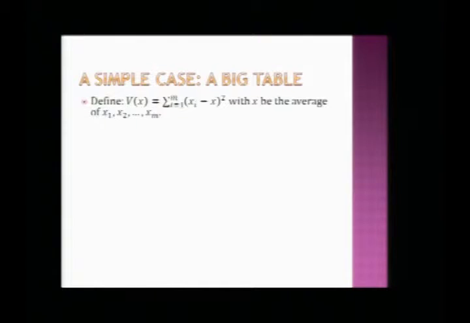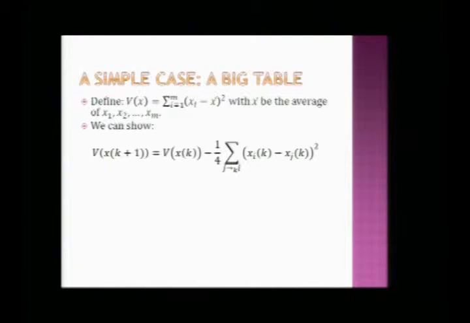You basically define a potential function, the Lyapunov function, whatever, which is the ensemble variance, like the empirical variance times n minus 1 over n. This x bar is just the average of these people. You can show that this variance will decrease, and the decrease is exactly this amount.